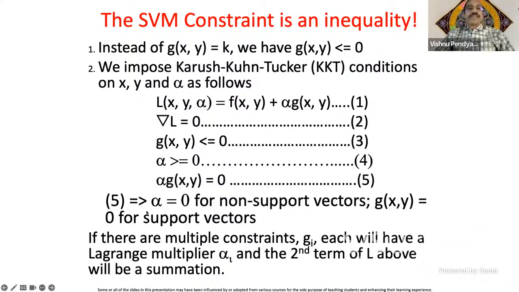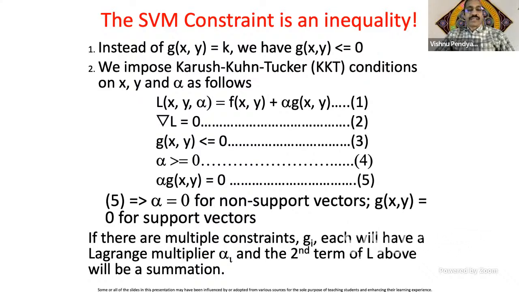Now, if you look at this carefully, for support vector machines, the constraint is strictly obeyed, right? The g of x comma y will be equal to 0.